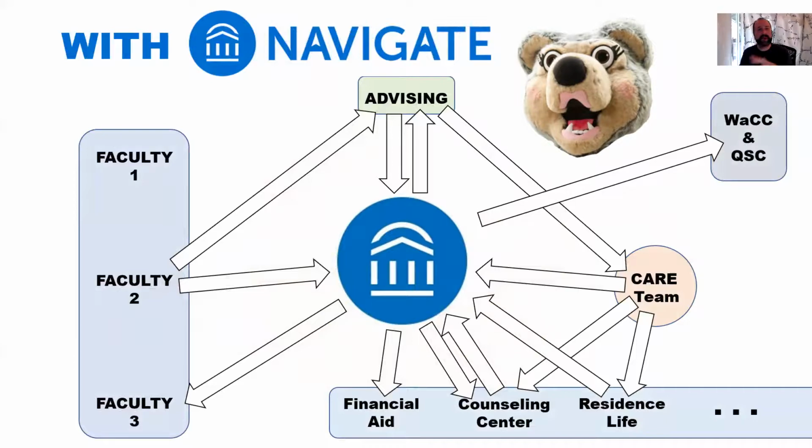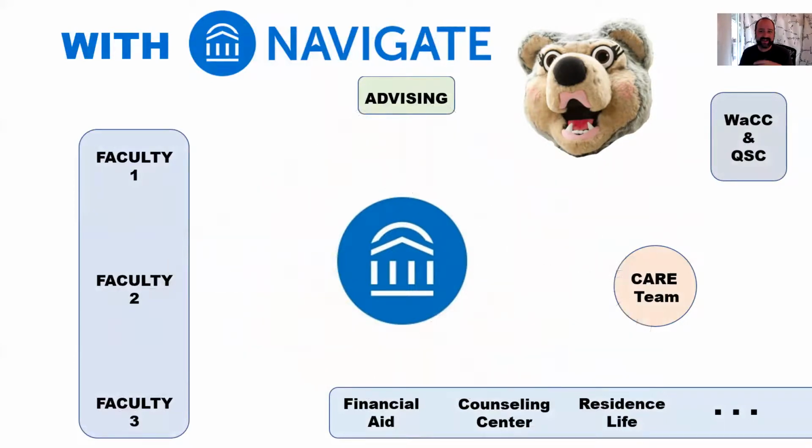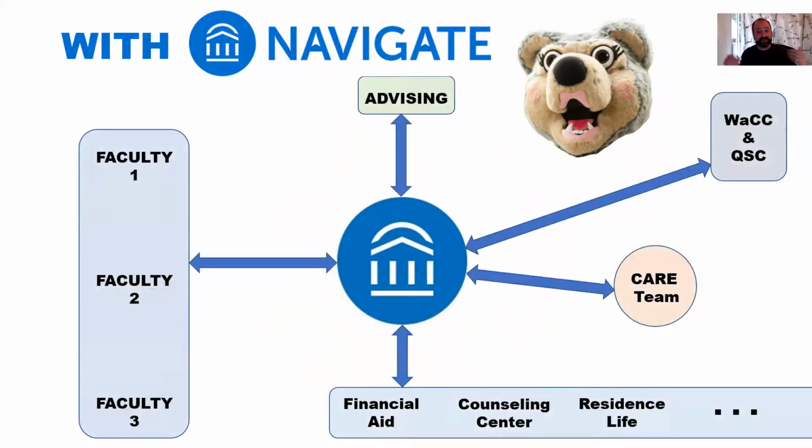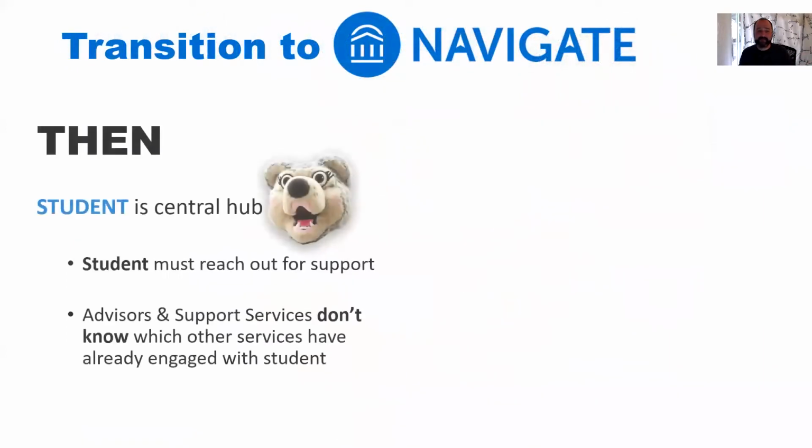So this confusing maze of communications kind of disappears and is replaced by direct communications from all the different spokes right into Navigate, okay? So to sum up the transition from what we had before to Navigate, Holly, the student, was the hub.